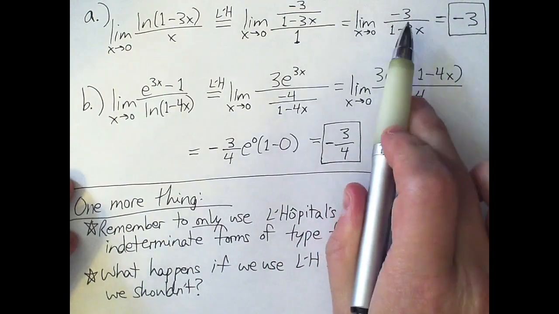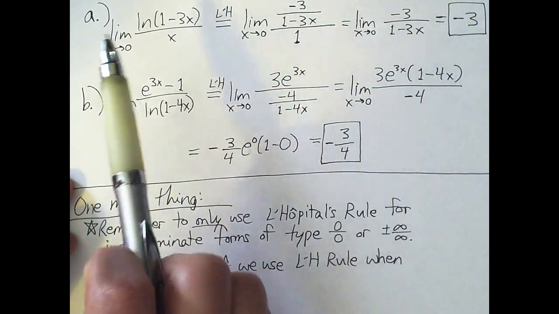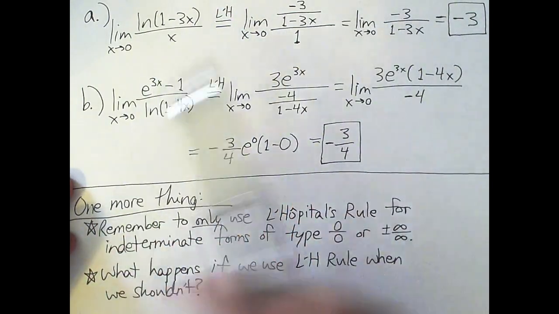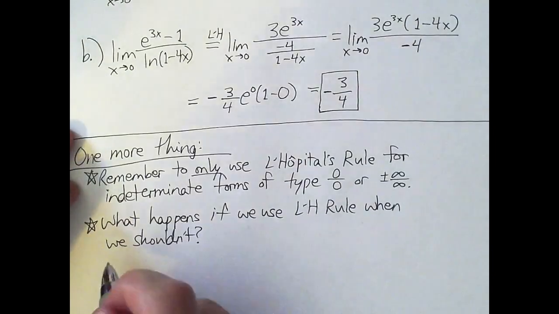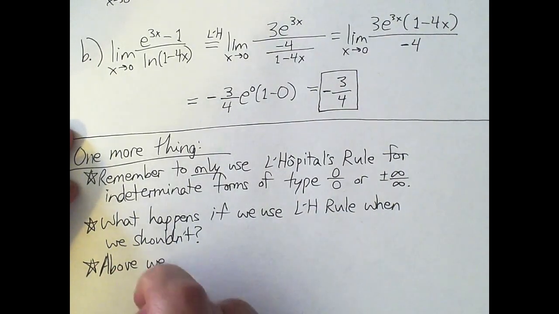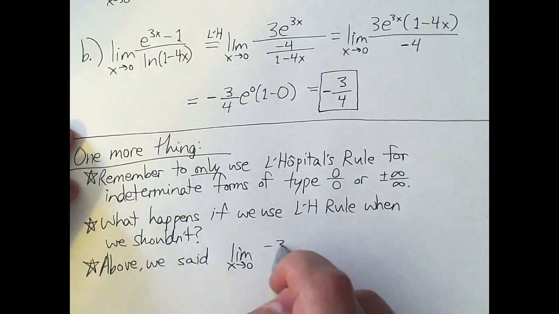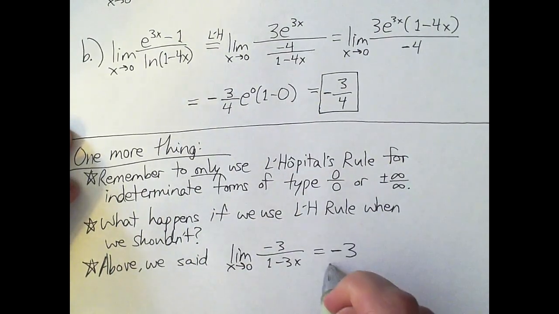What if at this step I used L'Hopital's rule again? What if I said something over something, L'Hopital's rule, something over something, L'Hopital's rule, and I always applied it? Would that work? Well, I'll show you. Above, we said this, okay?